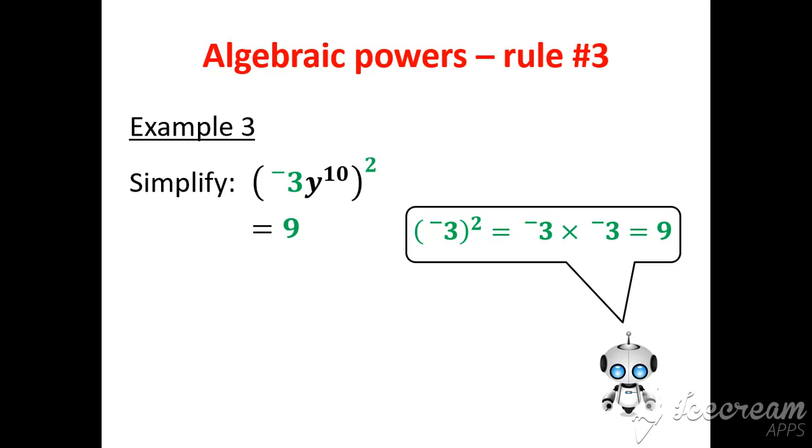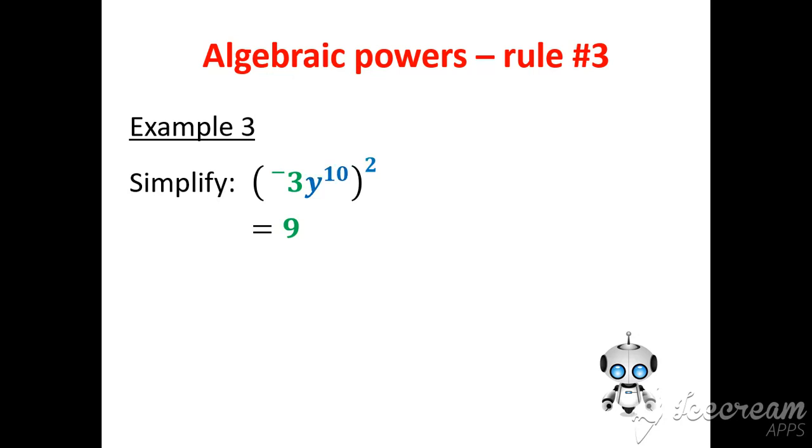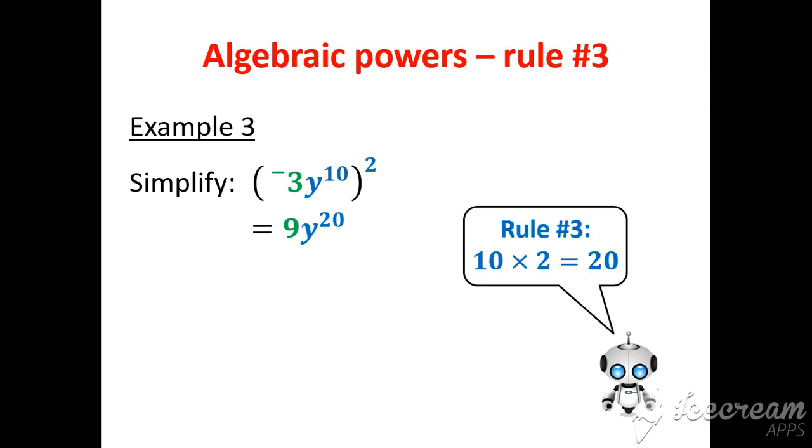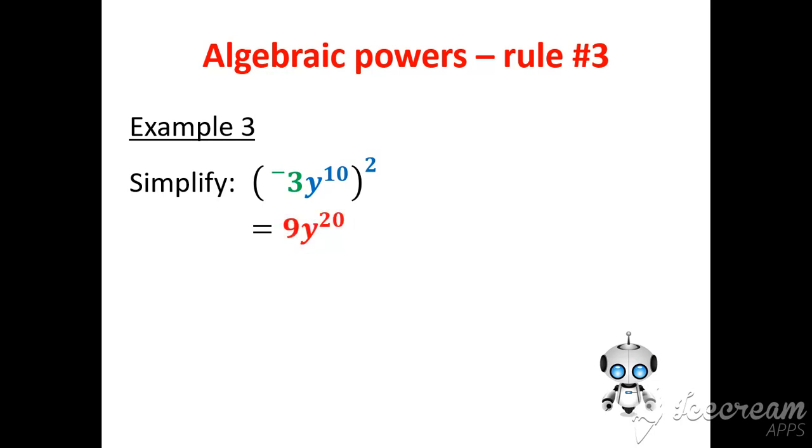So negative 3 times negative 3 makes 9. So our coefficient is 9. So we write 9 down. Now we can look at our variables and we can take our powers 2 and 10 and multiply. 10 times 2 is 20. So we have y to the power of 20. So our answer is 9 times y to the power of 20.